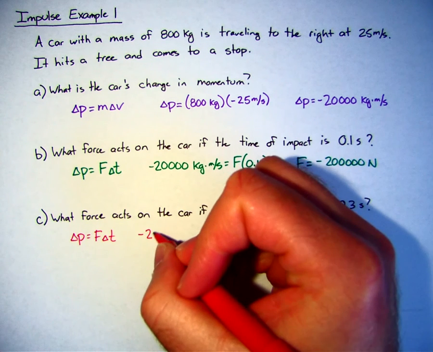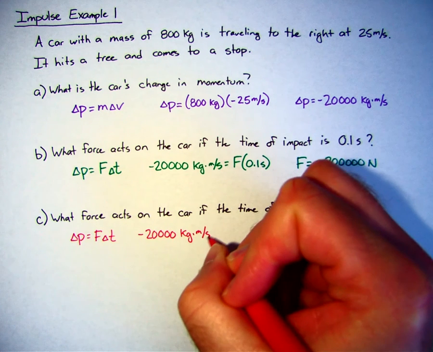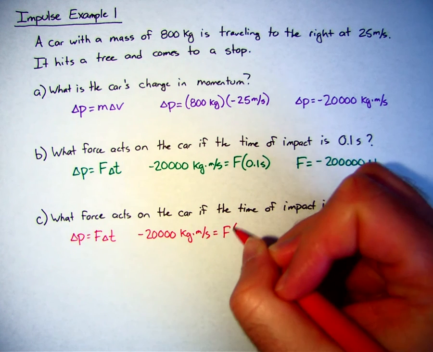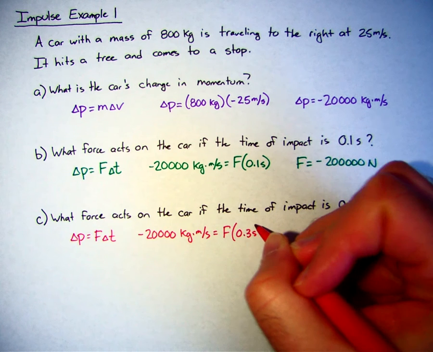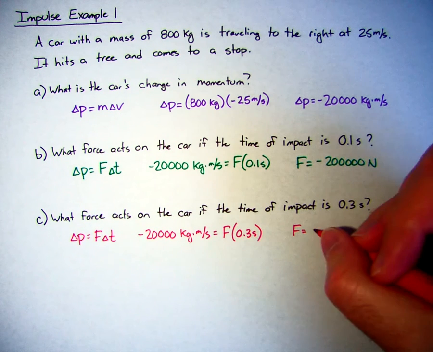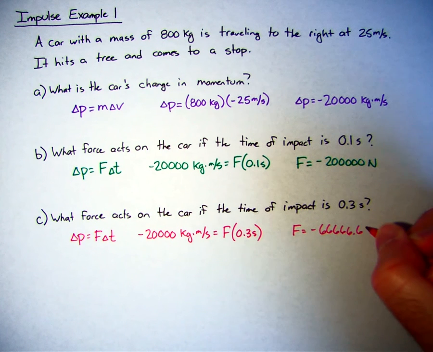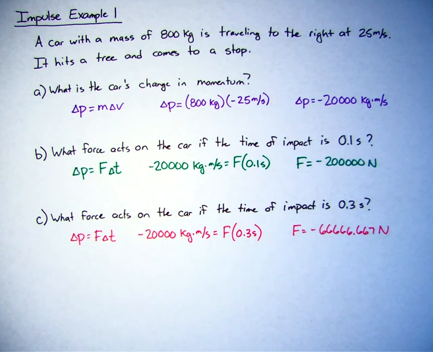So if I plug in my negative 20,000 kilograms meters per second that I got from part A, I don't know the force, but now the time is 0.3 seconds. I take that 20,000 divided by 0.3 and I get a negative 66,666.667 newtons.